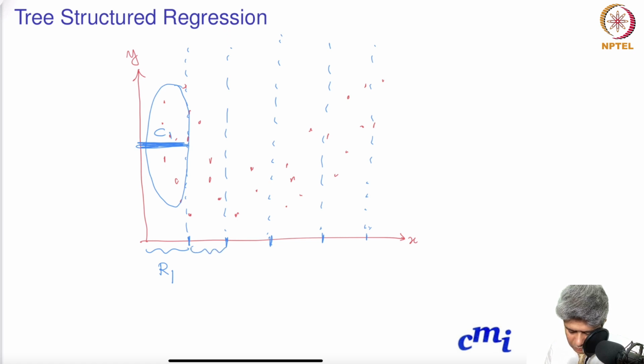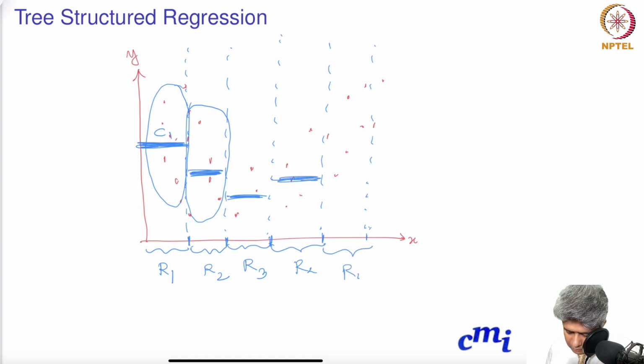This is R2. In R2, these are the points, and this is the average of y for these points. This is my R3. In R4, this is the step, and in R5, this is the value.